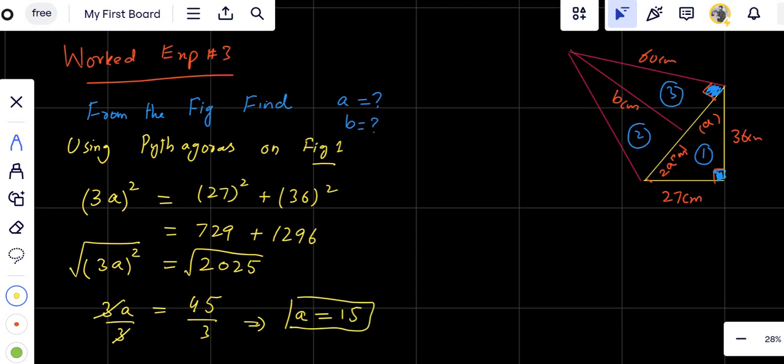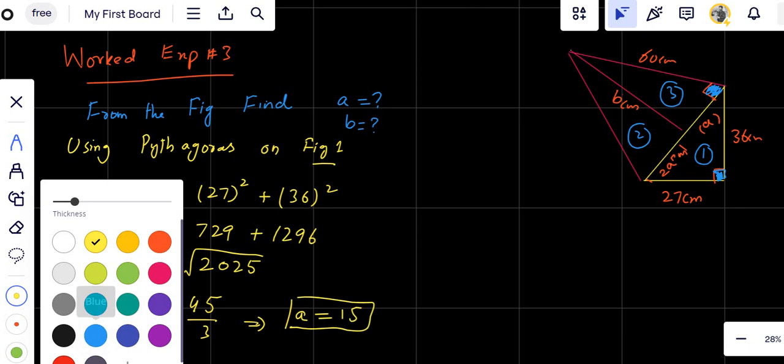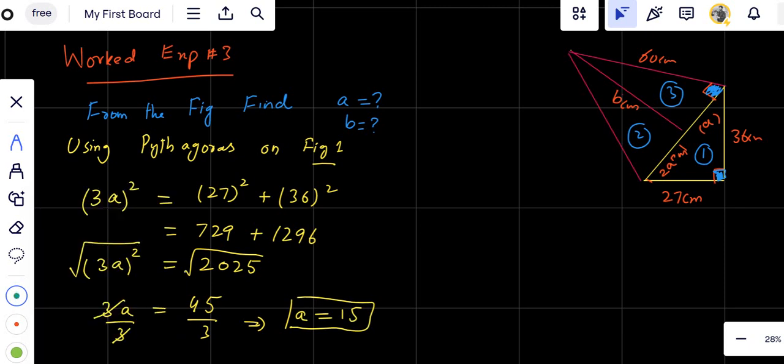So this length is now 30 centimeters, and this length is now 15, right? Yeah. So this total length will be 45. So we are done with A.